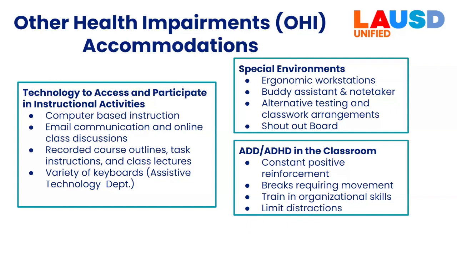Here are some examples of technology to access and participate in instructional activities: computer-based instruction, email communication, online class discussions and class lectures, and maybe use of a certain keyboard, which the occupational therapist, OT, or assessor may suggest.